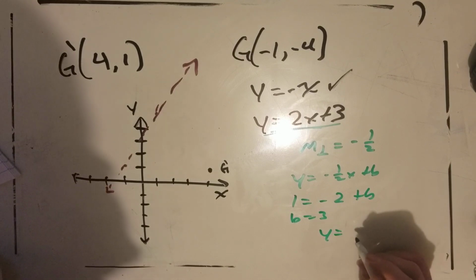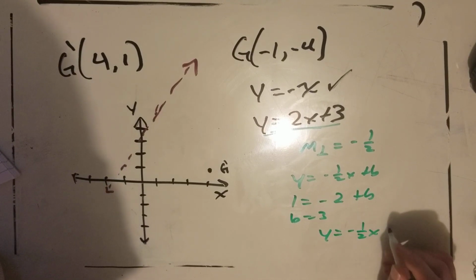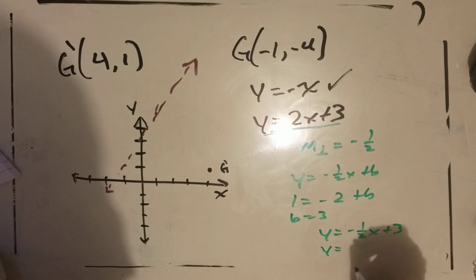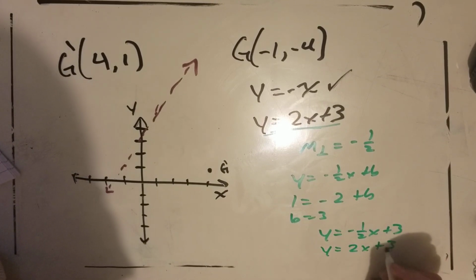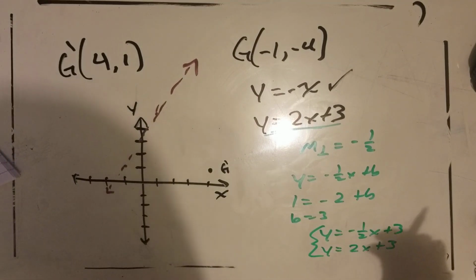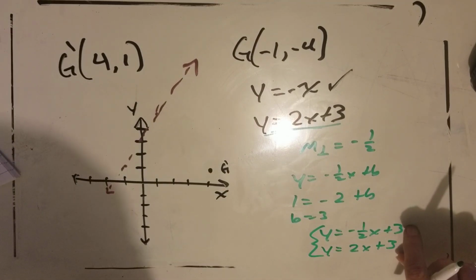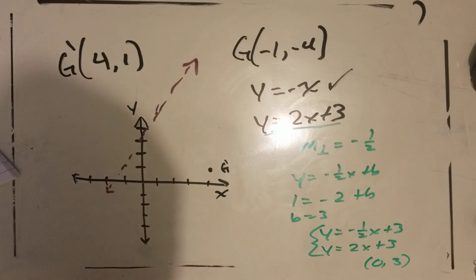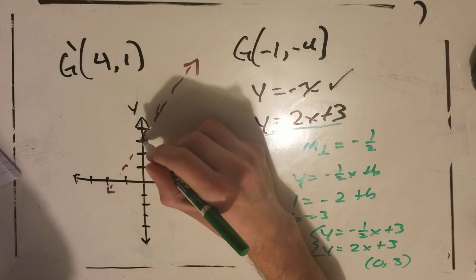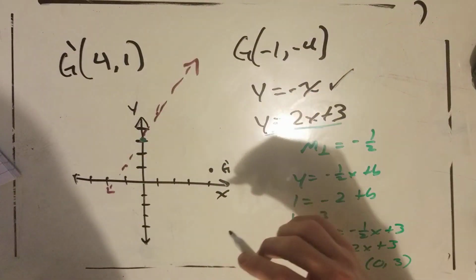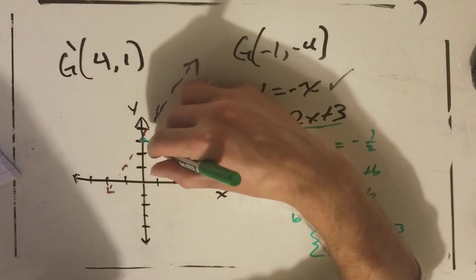So y equals -1/2 x plus 3, and we can make a system with y equals 2x plus 3. Now you can solve this system. Someone in class noticed the two equations have the same y-intercept. That's the solution to the system. So there we go, 0, 3 is the point that is the solution to those two equations.